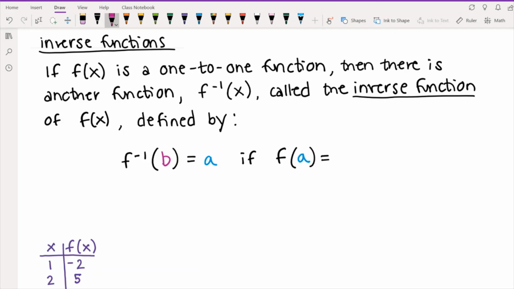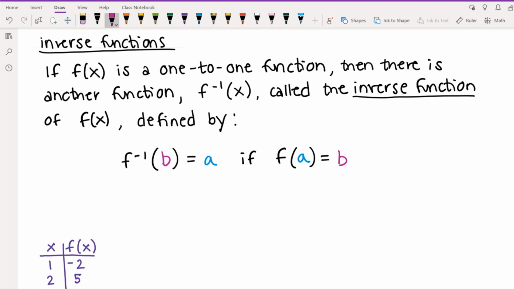So this might seem a little bit confusing at first. I think once we get into examples, it'll become a lot clearer what's going on. But let me just reiterate again what's going on here. We're starting with a function f of x that is one-to-one. And so if you start with a one-to-one function, then there's this other special function out there, called the inverse function of f of x.